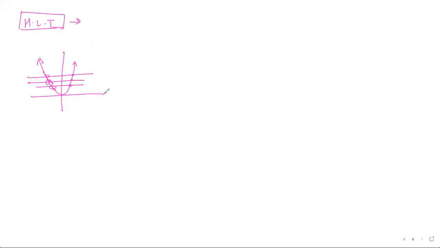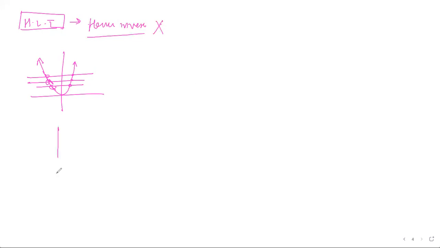So the horizontal line test tells us whether the inverse will exist or not. Here, you'll see that this is cutting at 2 points. Hence, inverse won't exist for the given domain.